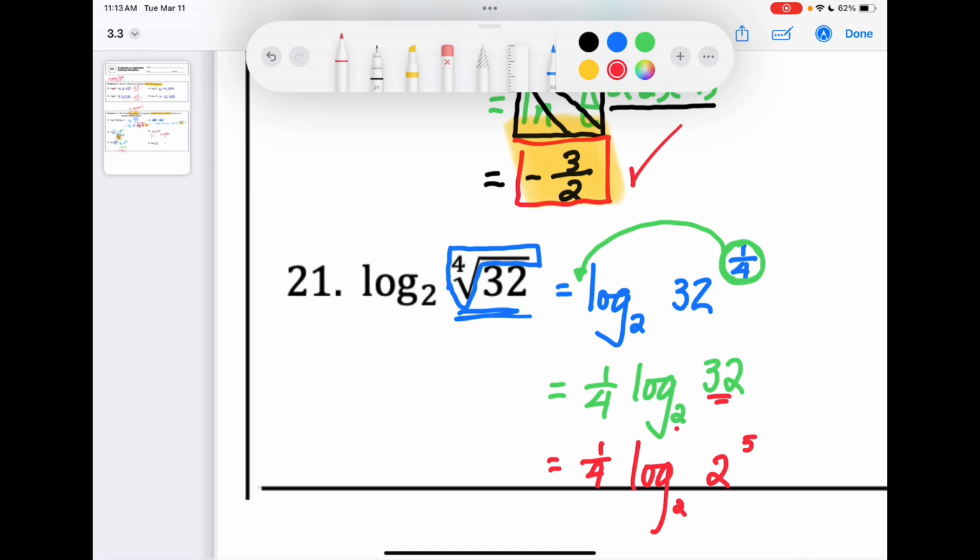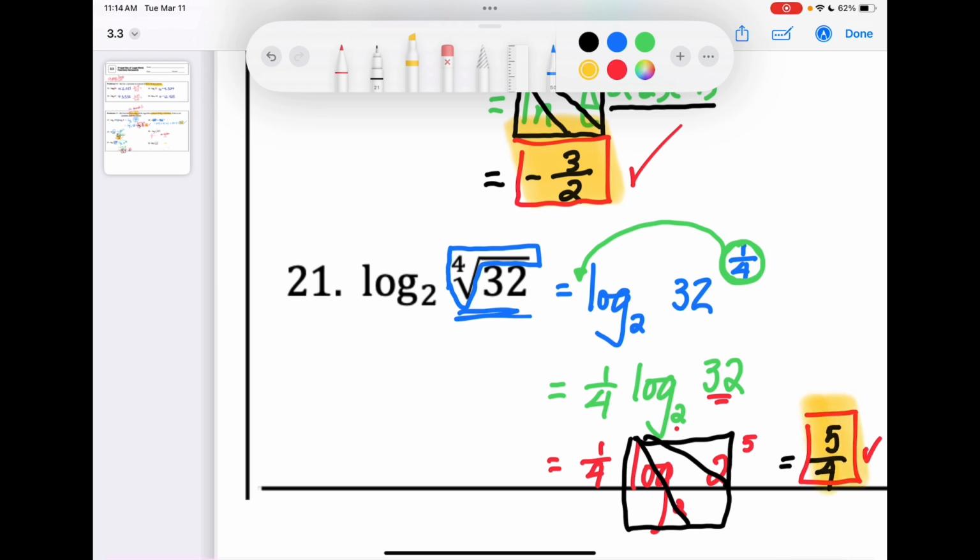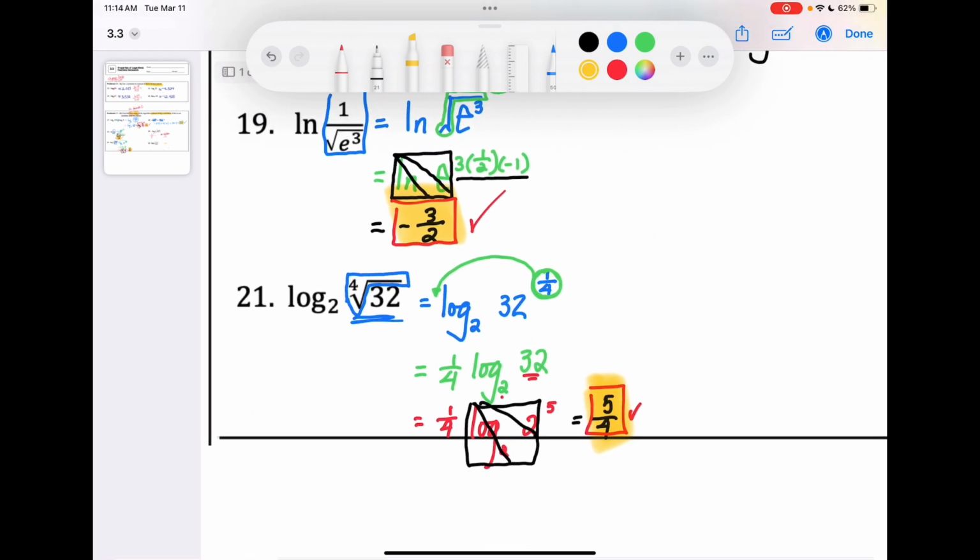So now what do you see? Base the same, cancel out. So the log base 2 and the base 2 of the exponent, they cancel out. So what do I have left? You got 1/4 times 5. So the answer will be 5 over 4. And yes, indeed, you are correct. We do not need a calculator. And this is what we want to say, confident, okay?